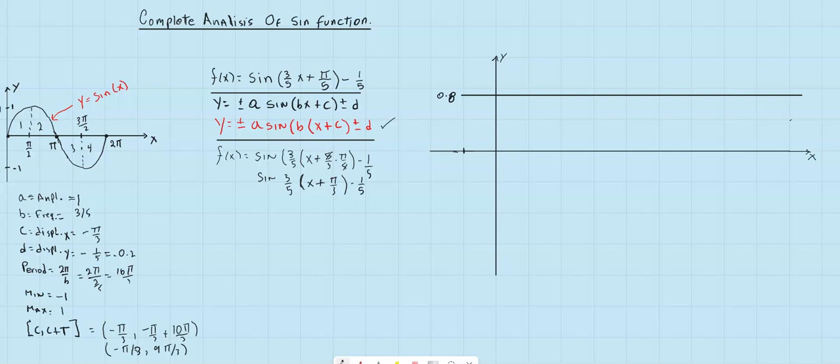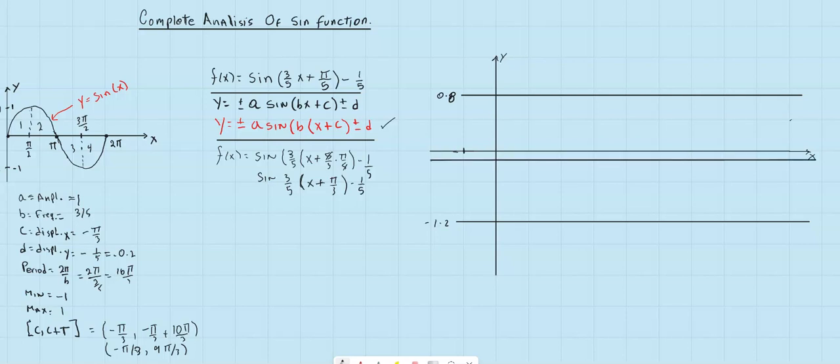And then it was 1, but I went 0.2, so that's going to be 1.2. And I want to start right here. It's going to be -1.2. Now what I need to do is, I know that it was shifted 0.2, we'll shift 0.2 right here.